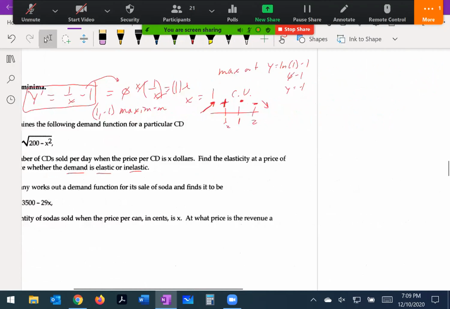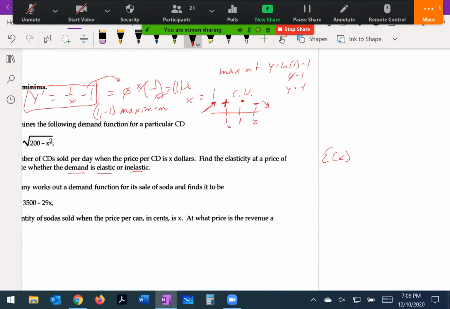So we need to use our elasticity of demand function, which is negative x d prime of x over d of x. There we go.